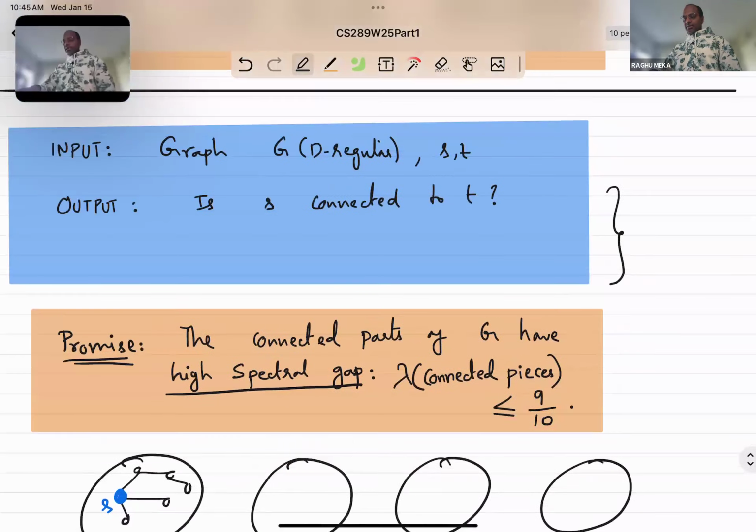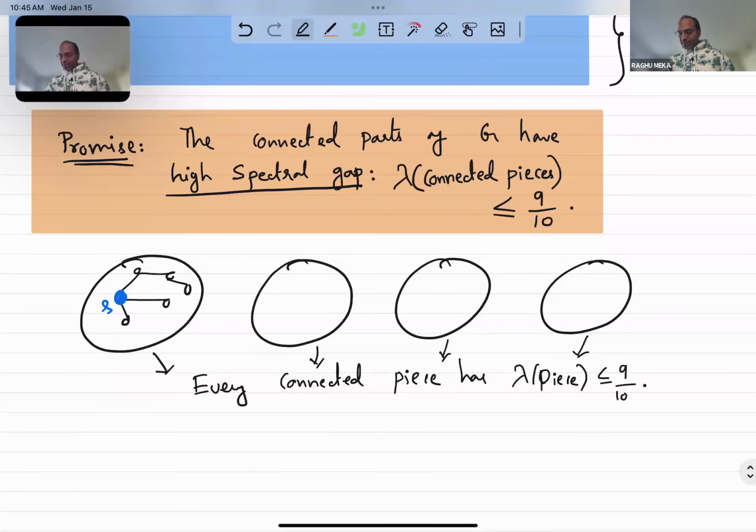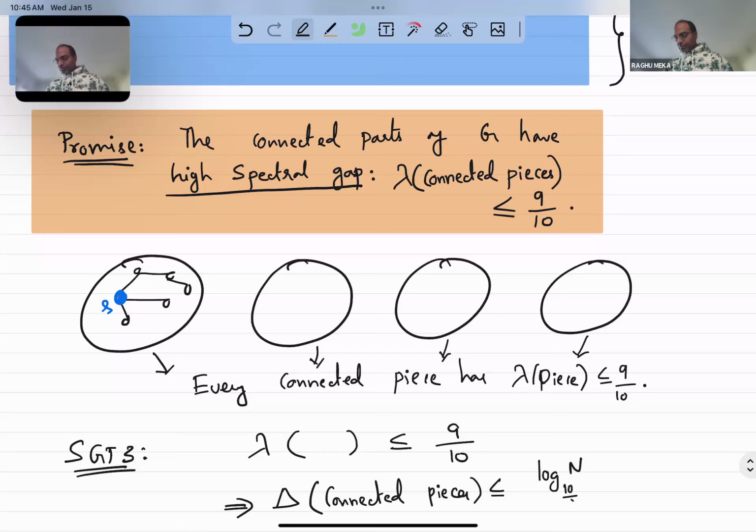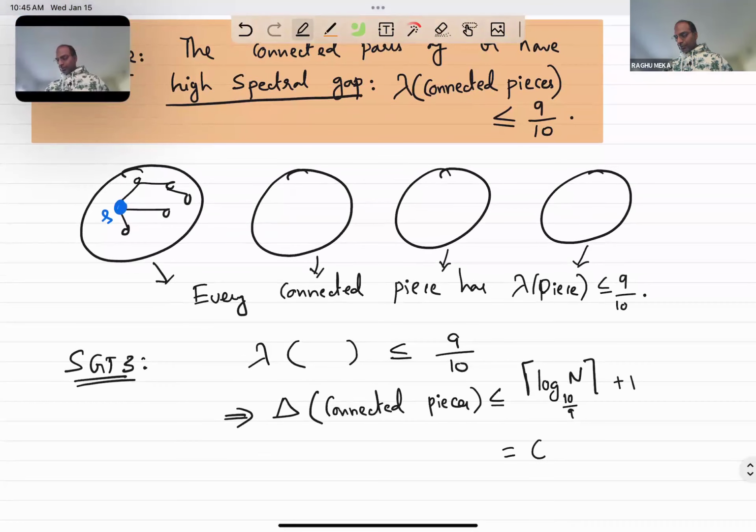Why does this help us? Well, it helps us immediately because SGT3, our theorem number 3, tells us that lambda less than or equal to 9/10 implies the diameter of the connected pieces is small.